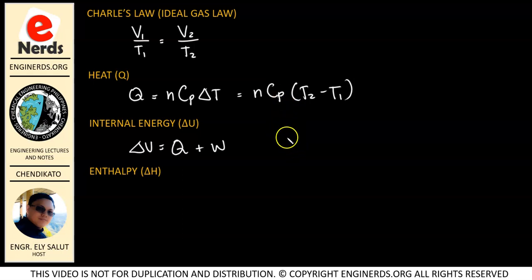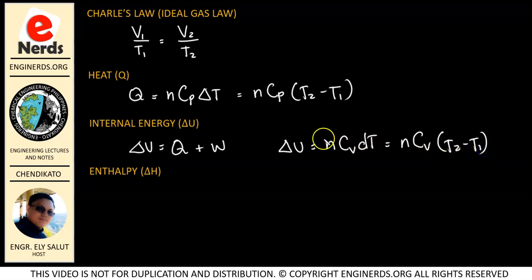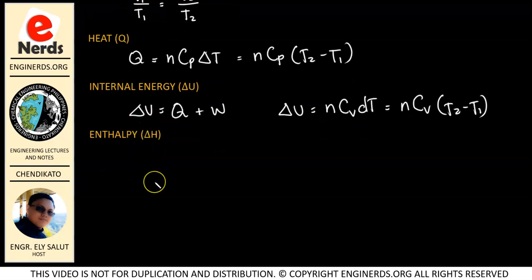And then we also learned that delta U is equal to nCv dT, right? Where we could also write this as nCv (T2 minus T1), where Cv is our specific heat capacity measured at constant volume. Okay, so these are the equations that we will be using in finding the internal energy.